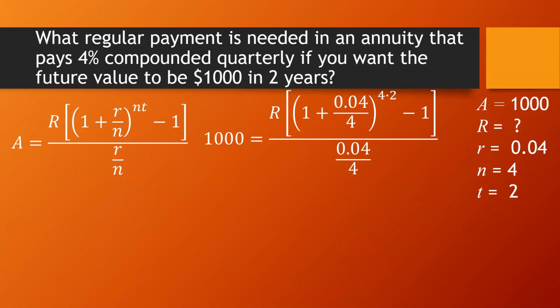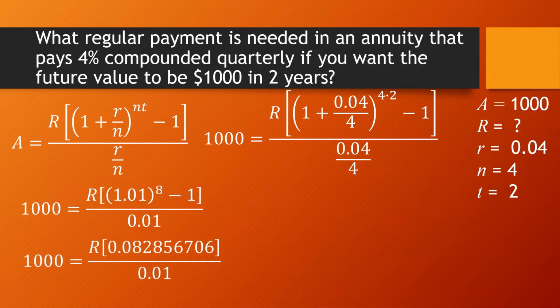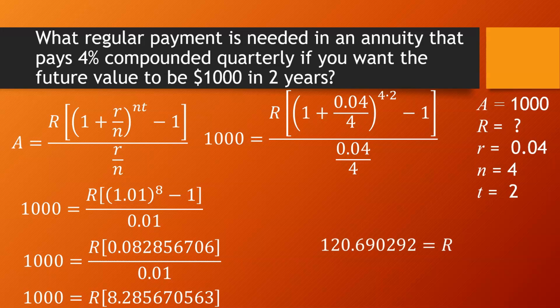But we're trying to solve for the capital R. So we're going to have to think more like solving for an unknown value in algebra. We're undoing some operations. When we finally get to this step, we're going to be dividing both sides by that number that is multiplying the R to isolate the R. And the R is our regular payment.